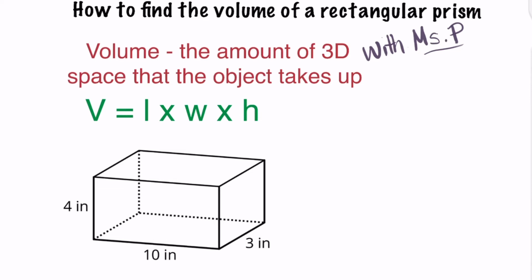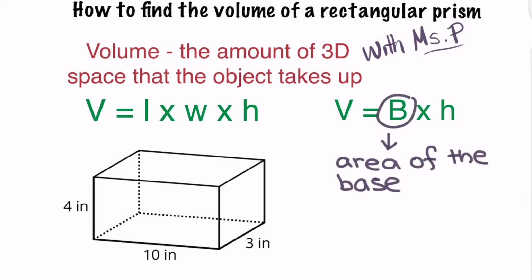Now, you may also see in some places the formula volume equals base times height. You might see this in addition to the first formula of volume equals length times width times height. It's important to know that this other formula is basically the exact same thing as the first formula, because B stands for base, or area of the base.